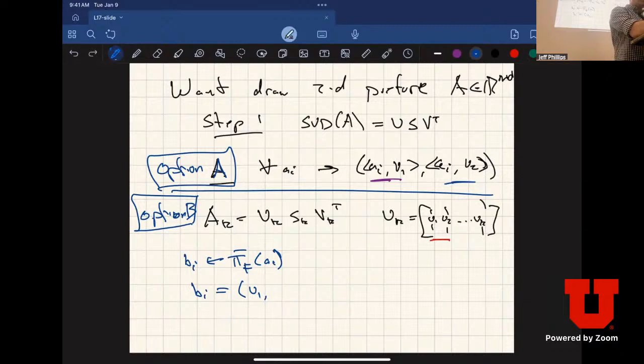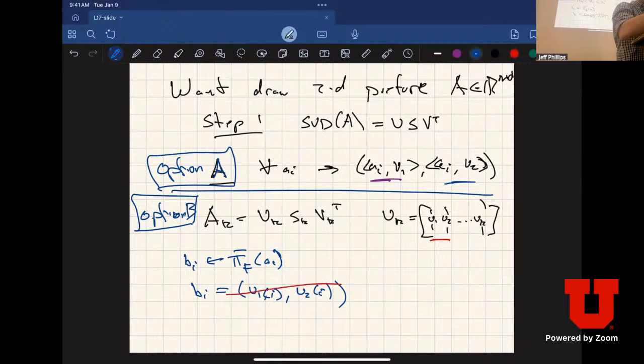How should I write this? U1, the ith coordinate, U2, the ith coordinate. But this is not going to give me the right answer. I've omitted the scale information. This does not have the scale information. It tells me kind of in some unscaled version of this. So this is wrong.